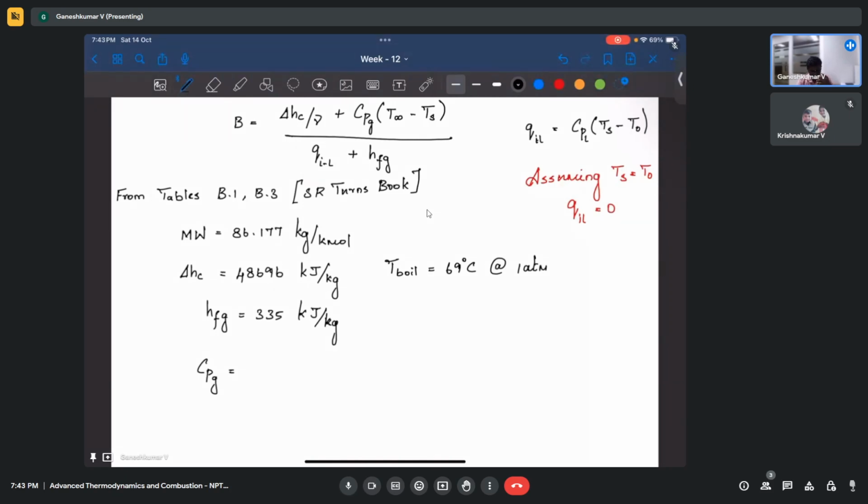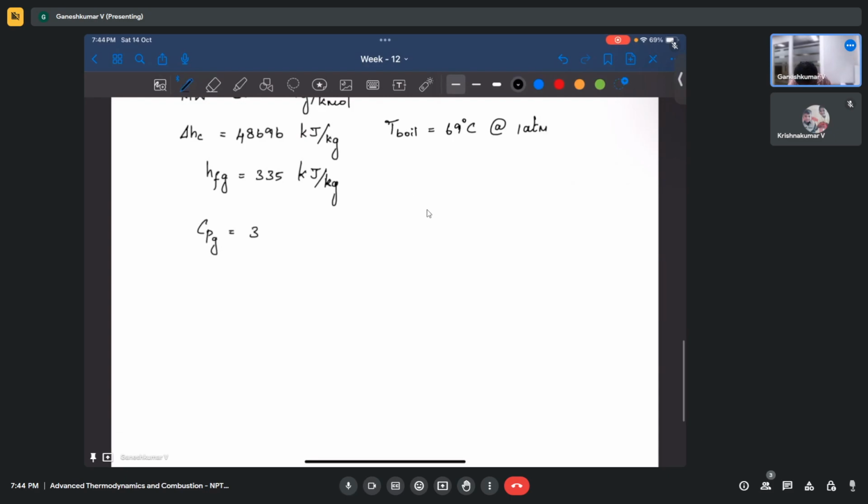So CPG is from B3, and I have a value here. Let me write it down: 3834.4 joules per kg Kelvin.